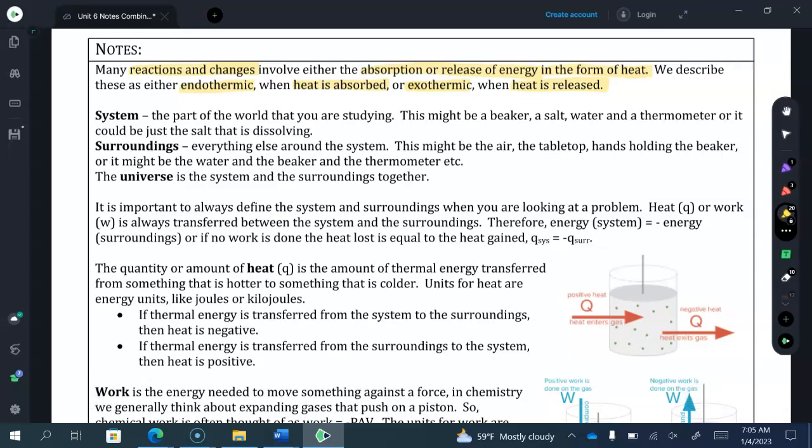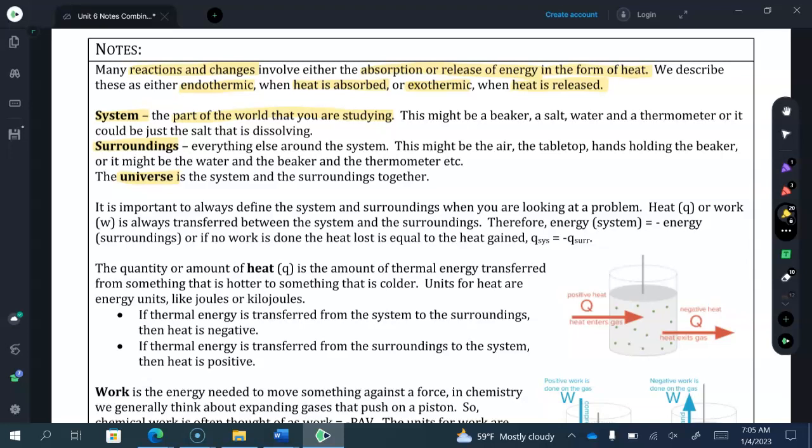We have to define what we're studying, though, and we use general terms such as system, surroundings, and the universe, where the system is the part of the world that you are studying. This might be a beaker, salt, water, thermometer, or it could just be the salt that is dissolving. Okay, so you have to define what the system is, and that's always the thing that you are studying.